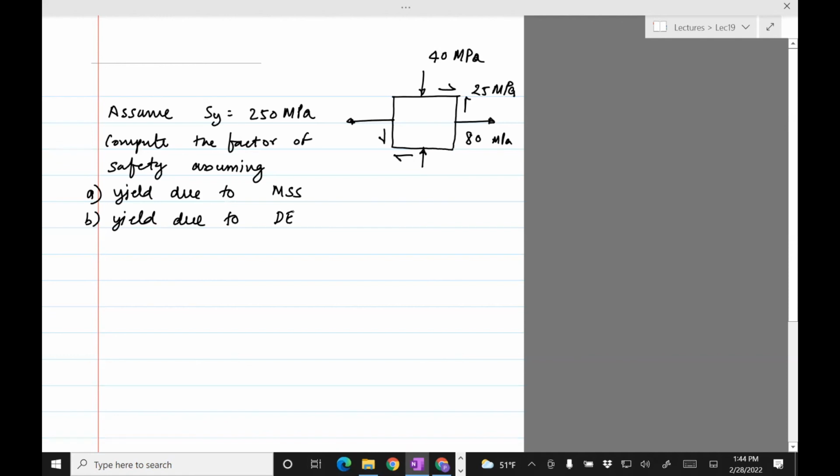Yes, so we are assuming that that particular loading condition leads to yielding essentially, and we are given the yield strength, Sy. So we need to figure out what the factor of safety is.